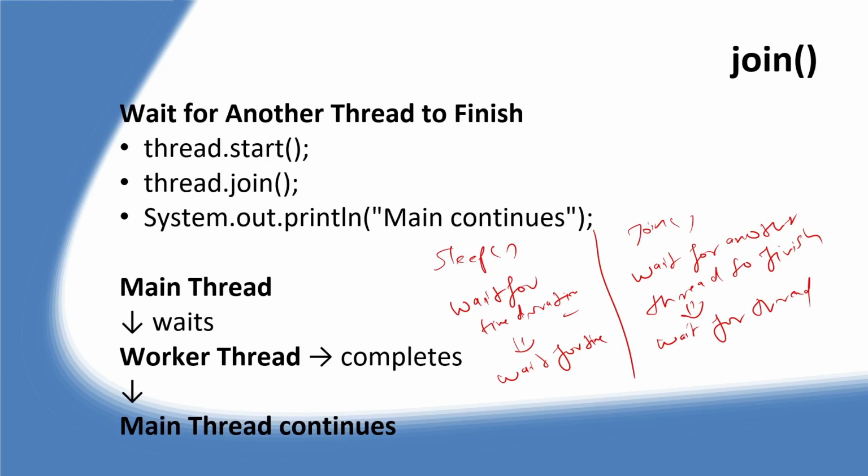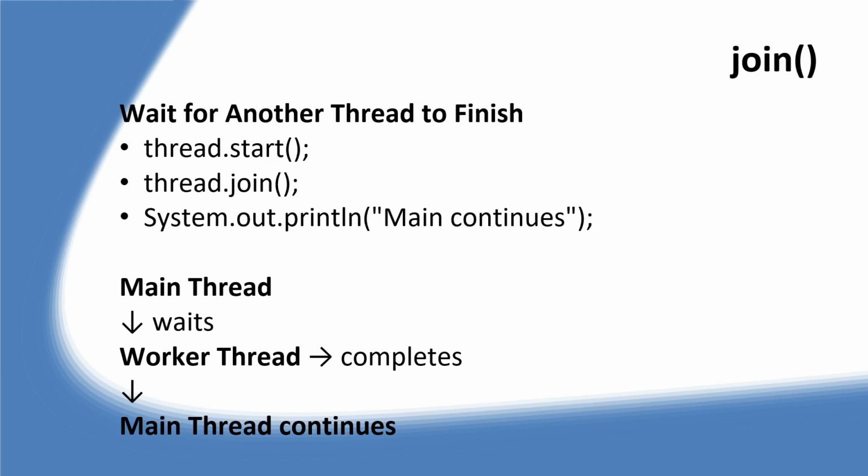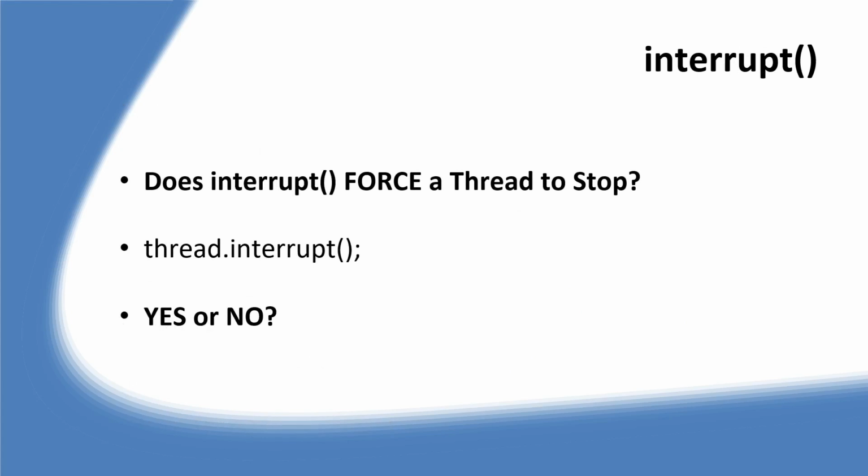Now we come to the method I mentioned at the beginning of the video, interrupt. Looking at the name, you might assume that calling interrupt immediately kills or forcefully stops a thread. But is that actually what happens?